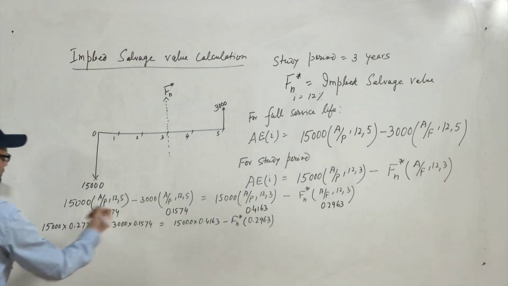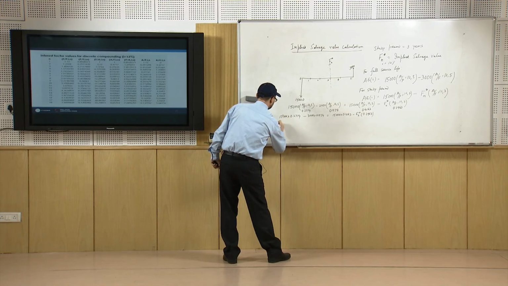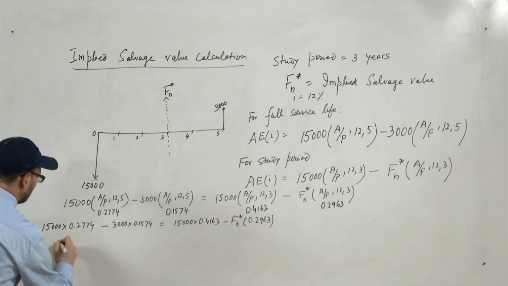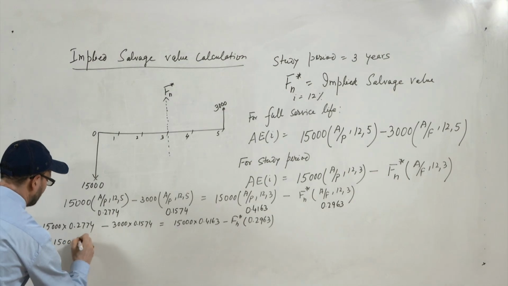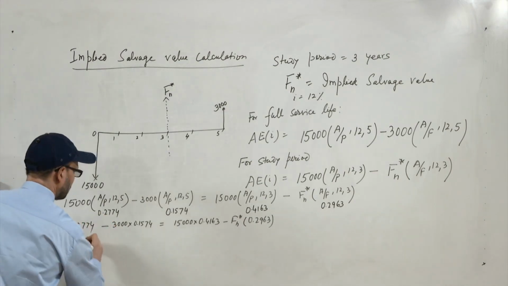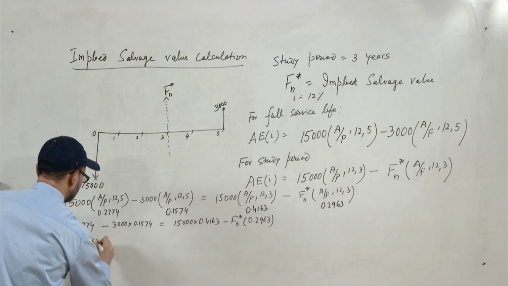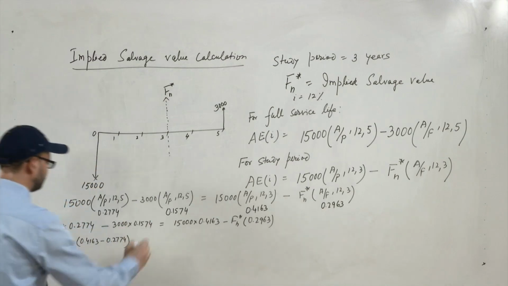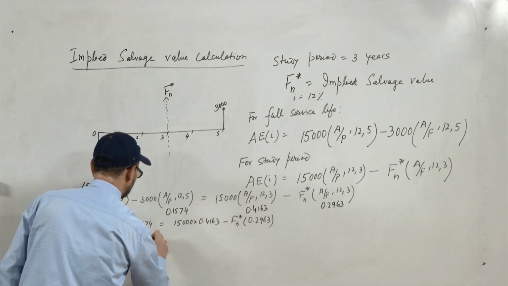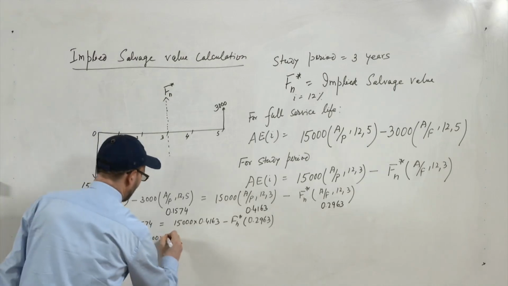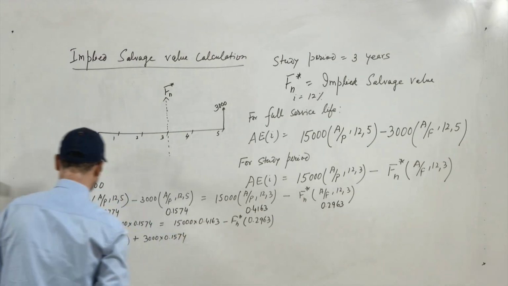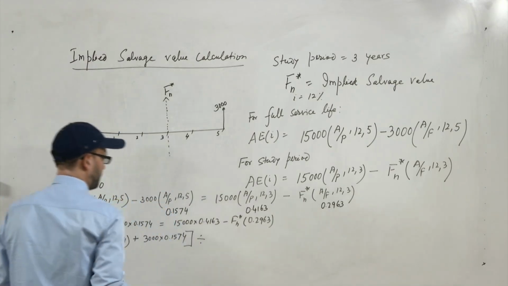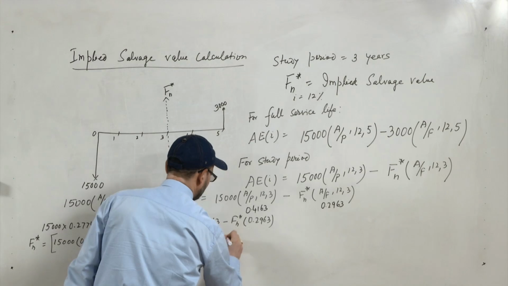So, you can have Fn star as 15,000 into (0.4163 minus 0.2774) plus 3,000 into 0.1574, and this will be divided by 0.2963.